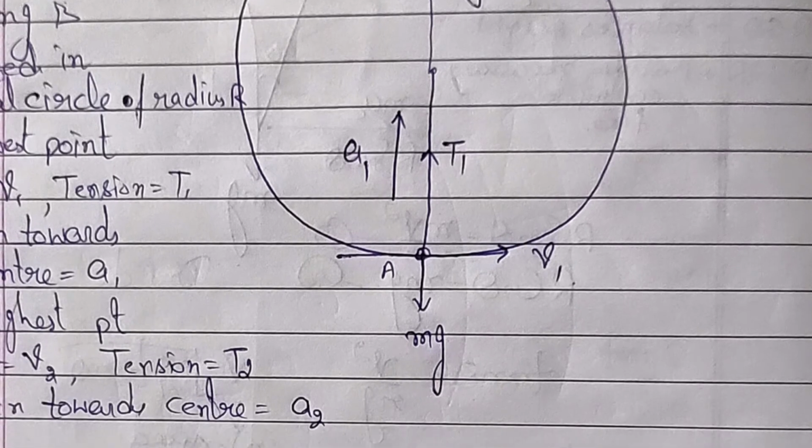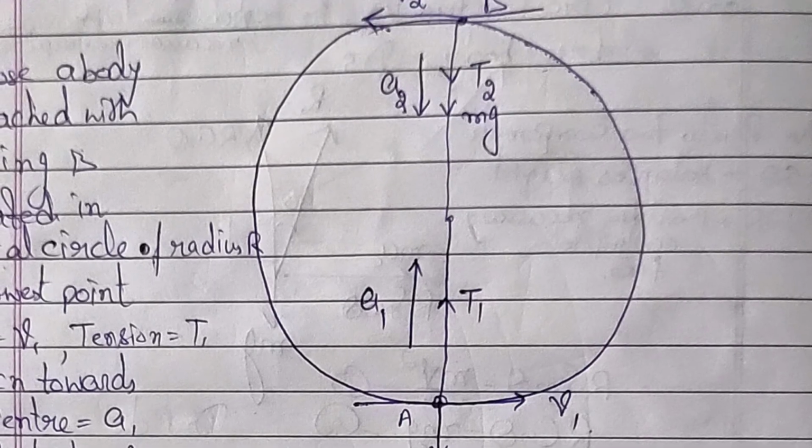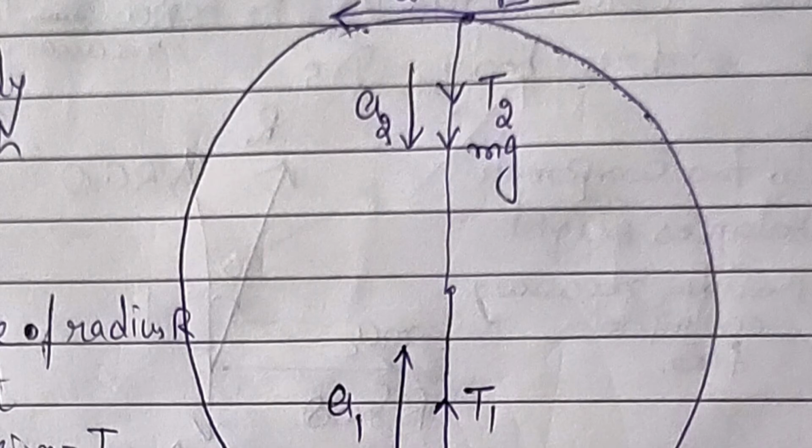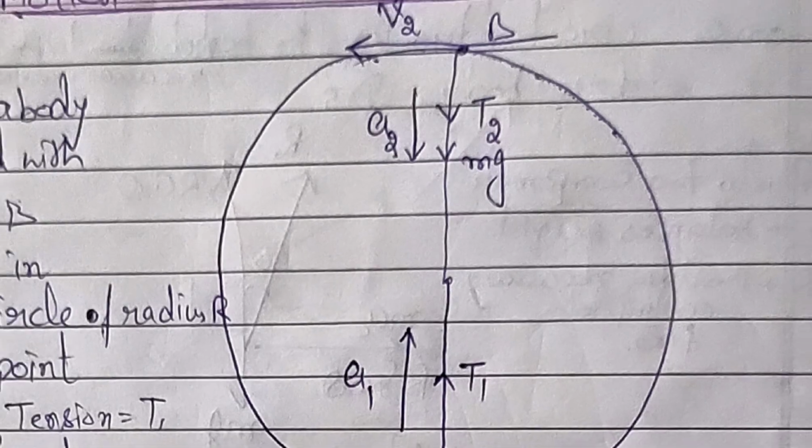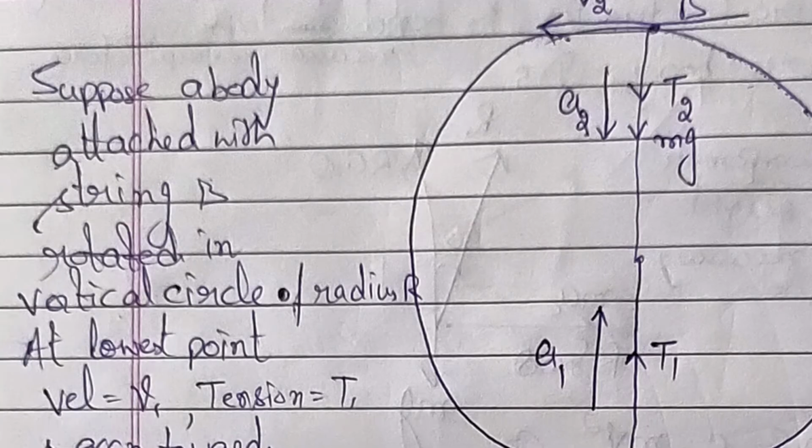At point A, the lowest point, the weight mg is downward, and let its velocity be v1 at this point, and tension T1 is towards the center, while a1 is the centripetal acceleration acting towards the center. And when it goes to the upper point B, mg is the weight, T2 is the tension, a2 is the centripetal acceleration towards the center, and v2 is the velocity with which it is moving at the highest point.